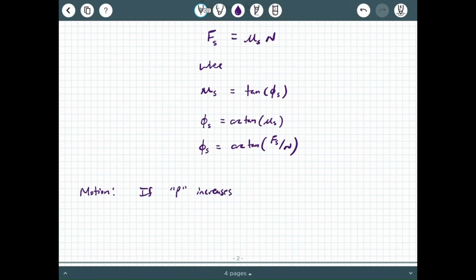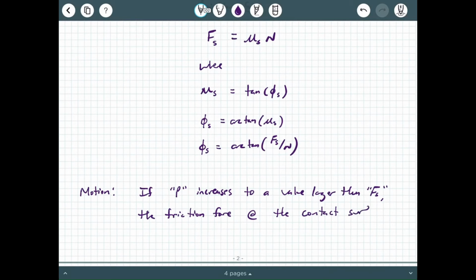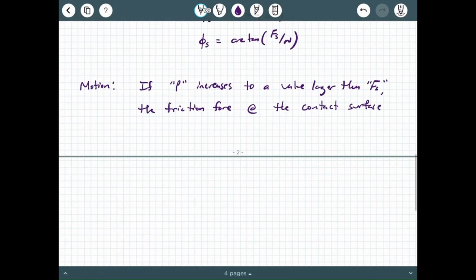So if P increases to a value larger than F sub S, the friction force at the contact surface will drop smaller and become F sub K.